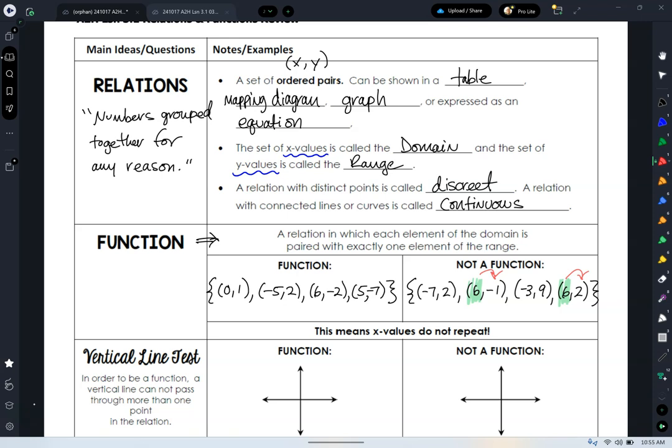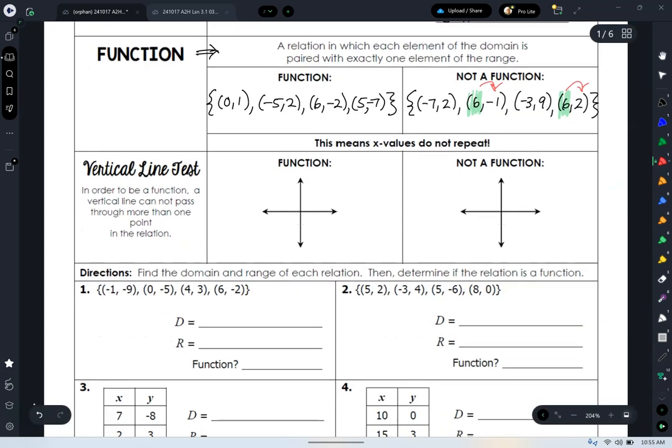Now, visually, we can determine whether or not we have a function on a graph using something called the vertical line test, which I'm sure you guys have seen before. Let's do an example of that. What I want you to do is, as best as possible, create a straight pathway like this. And we'll put a couple of arrows on that straight pathway.